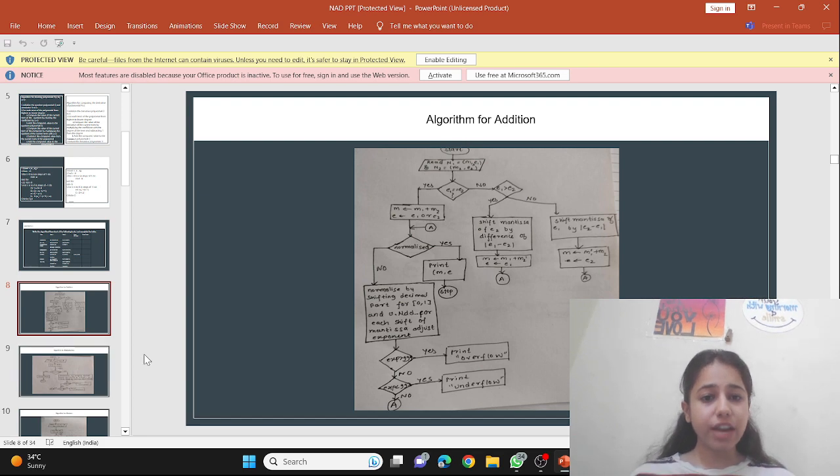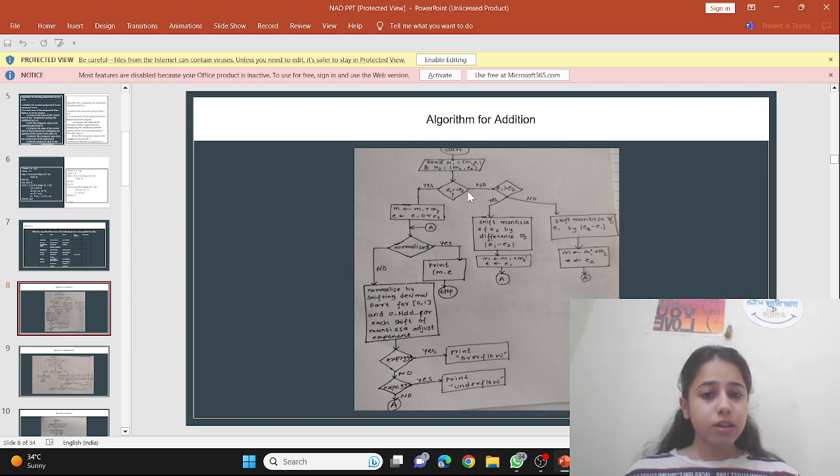Algorithm for addition. We have to here start. We'll first start, then read n1 and n2 as m1 e1 and m2 e2. If e1 is equal to e2, if this is true, then we will go this side, and it is written, then m will be m1 plus m2, e will be e1 or e2.